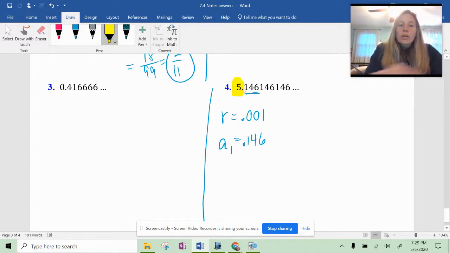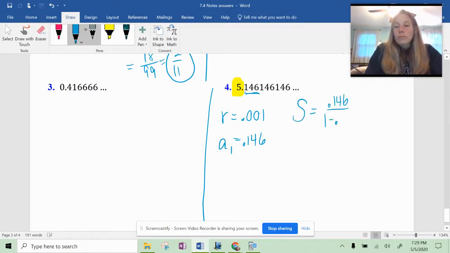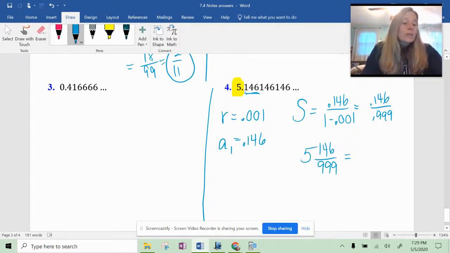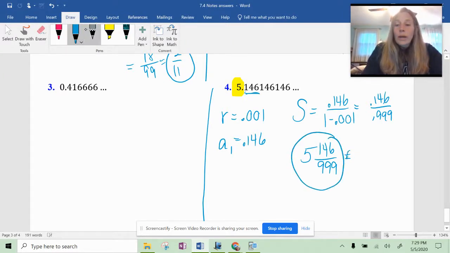So we're using our sum formula, which is A sub 1 over 1 minus the R value. So we get 0.146 over 0.999. We can move our decimal 3 places on the numerator and the denominator, giving us 146 over 999. And there's that 5 in front. And then if that fraction can be simplified, you would, but I do not believe that one simplifies.